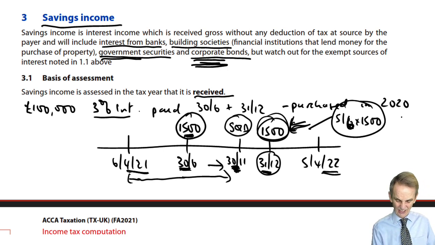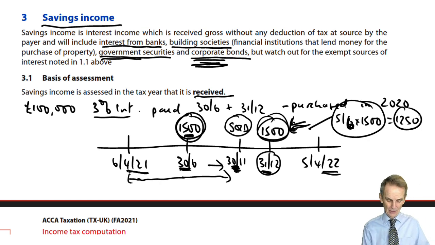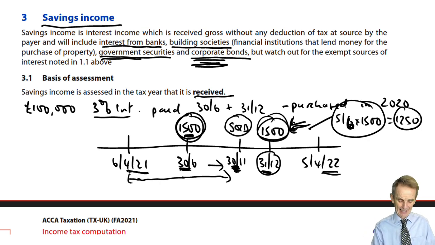Well, 5/6 of £1,500 is going to be £1,250 there. So you would have £1,500 plus £1,250, you would have £2,750 being assessed. We wouldn't just assess that individual on the actual amount received. We add in the accrued interest.